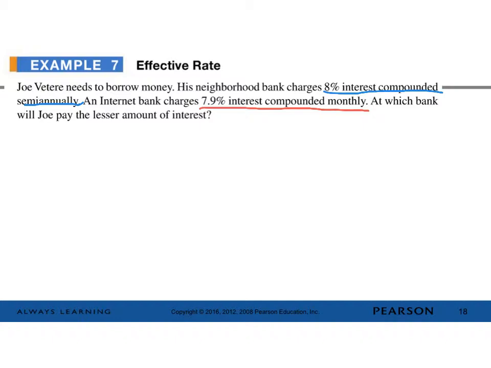So in the case of his neighborhood bank, we need to find the effective rate, which will access that menu on the calculator, and enter in the nominal or the annual interest rate, which is 8%, and then the number of compoundings, which semi-annually would be twice.